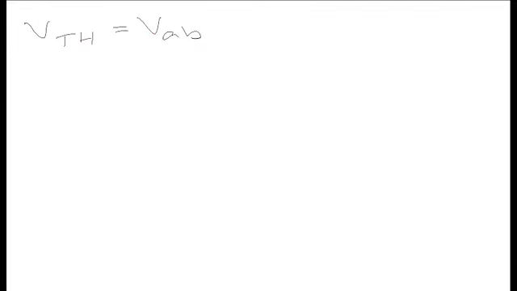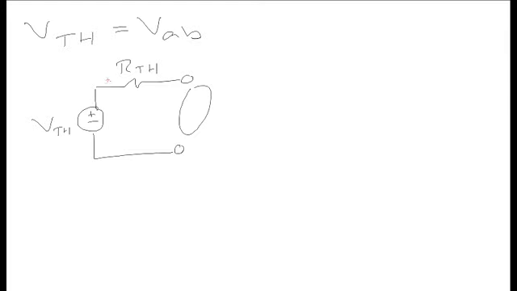The first part of Thevenin says VTH equals VAB. Let's see why. We claim that we can replace our complex circuit with the following circuit. When there's nothing connected here, the current flowing through is 0.